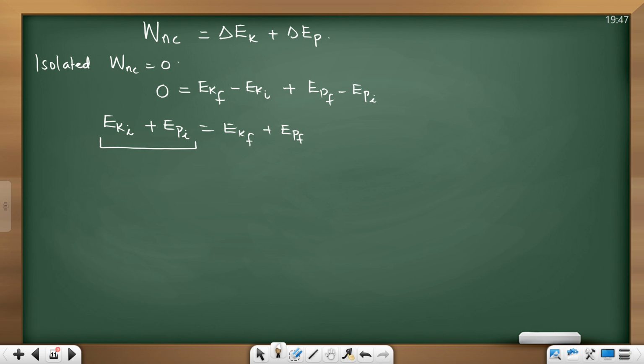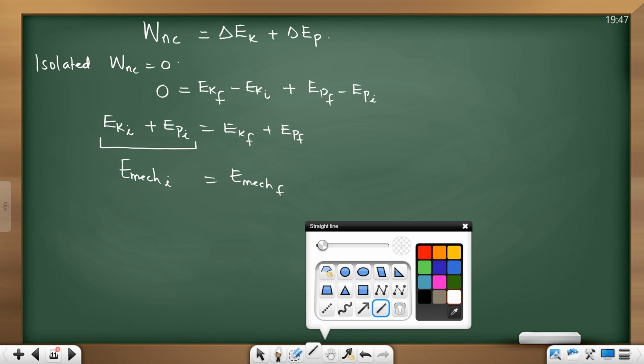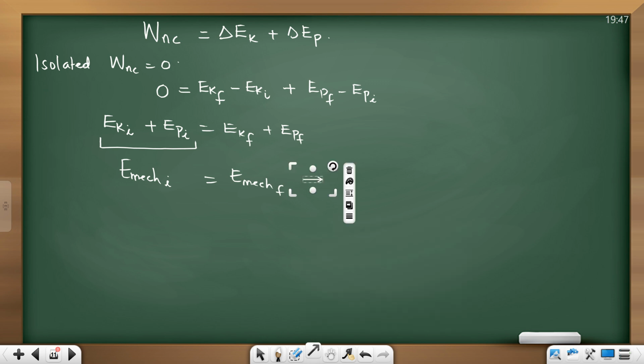Sum of kinetic and potential. Oh, what is this? E mech initial equals to what? E mech final. And we have simply proven what? The law of conservation of mechanical what? Energy. We are done.